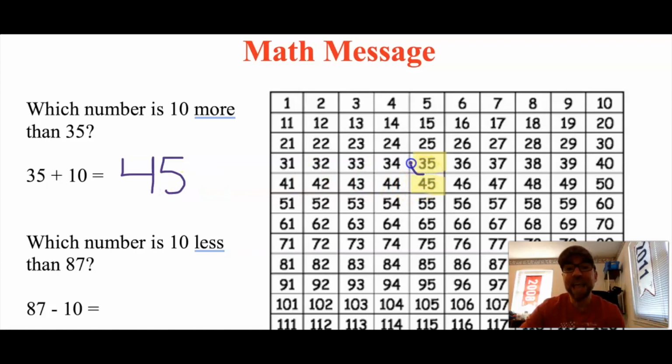Notice that the tens digit changed. I went from the 30s to the 40s. Awesome job. And the ones digit stayed the same. So whenever I added 10, only that tens digit changed.